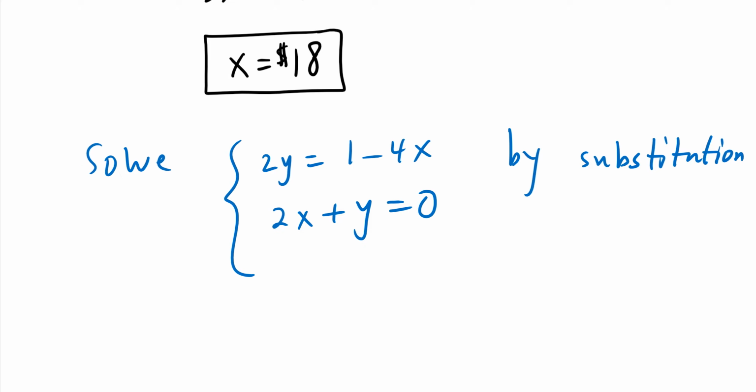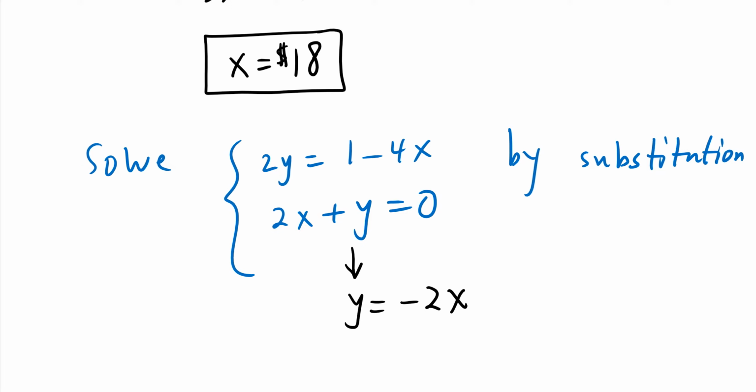So how do we solve by substitution? Substitution means you substitute one of the variables from one equation into the other equation. If you look at the first one, it's not easy to solve for it, you get fractions if you solve for y or x. But from the second equation, if I subtract 2x on both sides, I get y equals negative 2x.